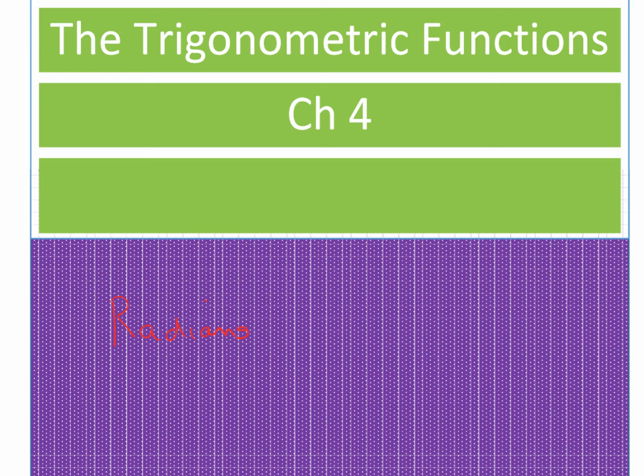So we're going to look at calculating arc lengths, we're going to look at calculating areas of segments and sectors. However, the understanding will be you will only use the formulas that you will be introduced to in this chapter if the angle given is measured in radians.